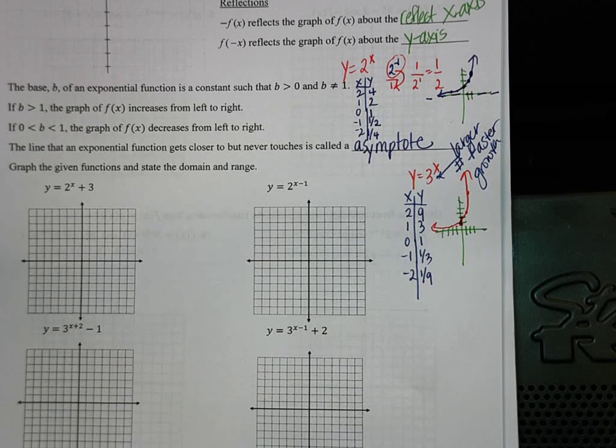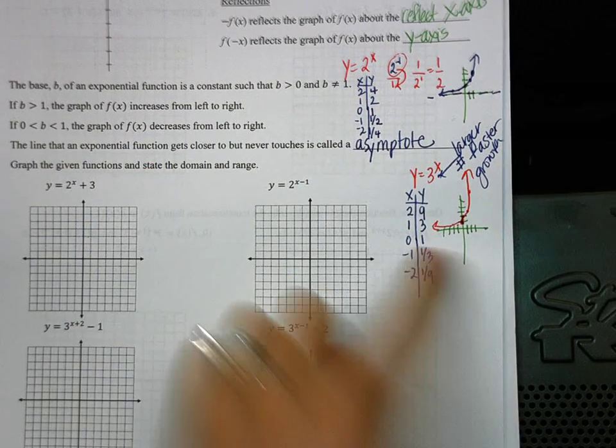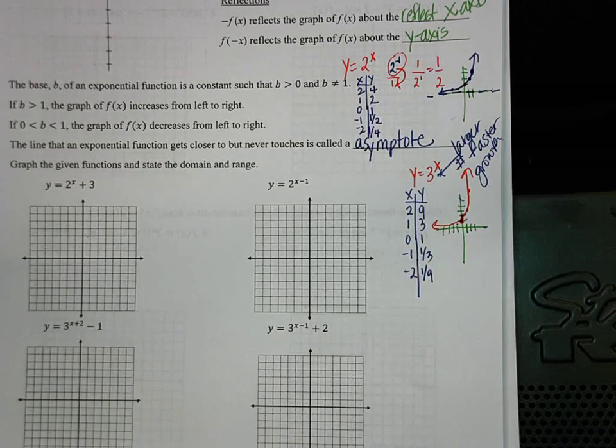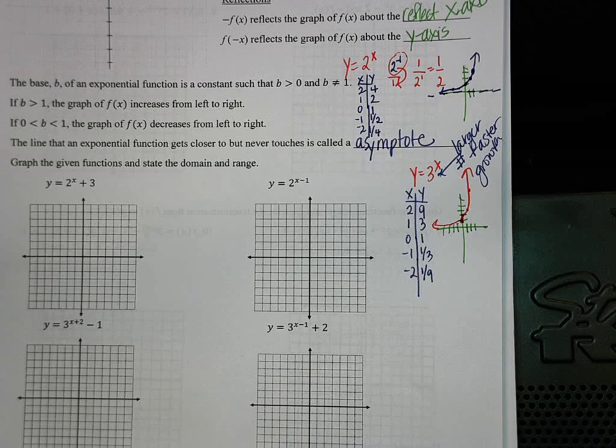Do you notice anything similar about the points from the y equals 2 to the x and the y equals 3 to the x? They're kind of equal. Look at the actual points. Do you see any similarities between the two graphs in terms of their points?